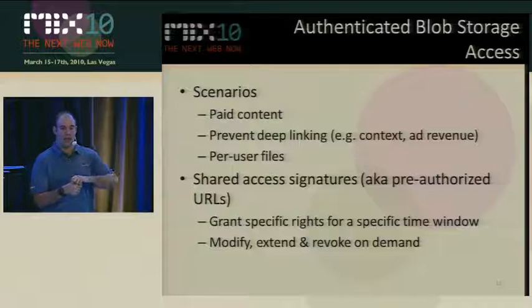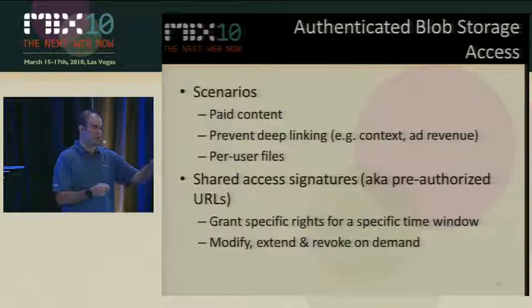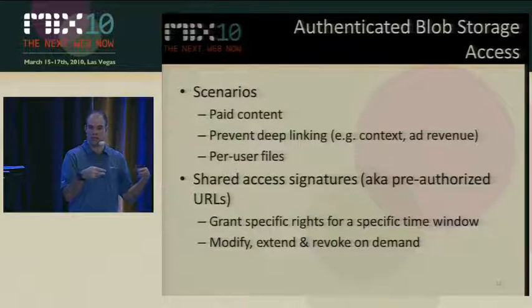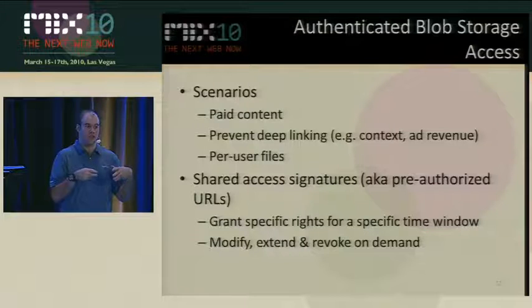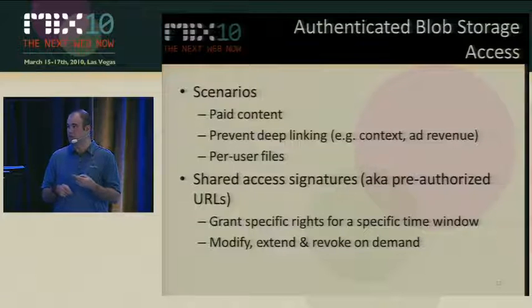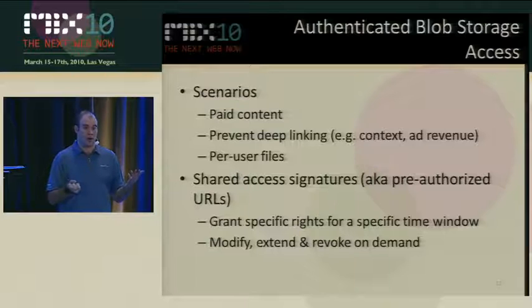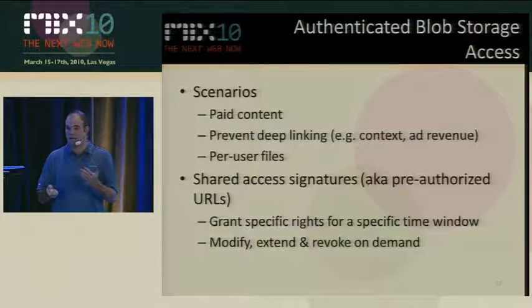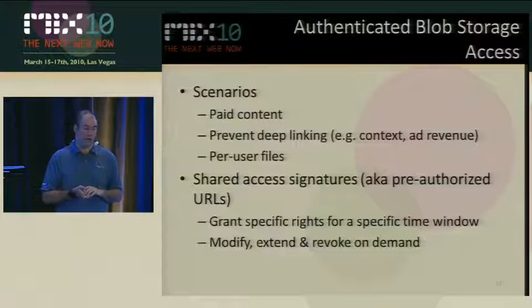And you can hand that URL out to your clients. That's a very cheap thing to hand out because it's small and it doesn't take a lot of time to generate it. And then they can use that URL to access Windows Azure Storage directly. And Windows Azure Storage will enforce whatever policy you set for whatever duration of time you set. And so whoever has that URL can do whatever that URL allows them to do, and nobody else can.